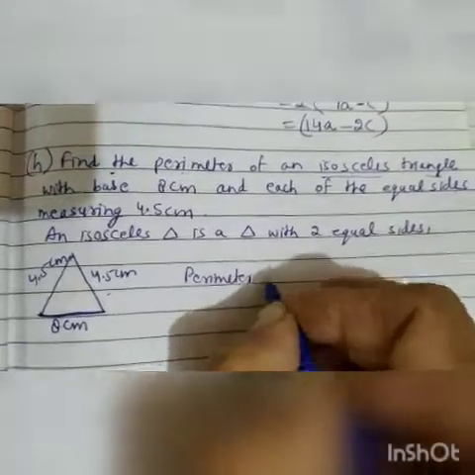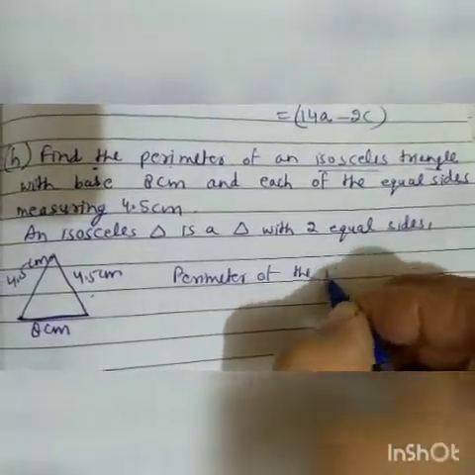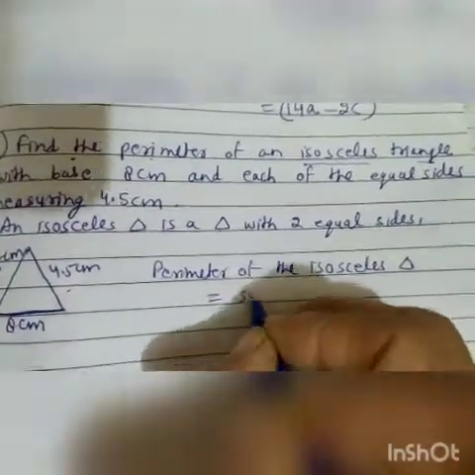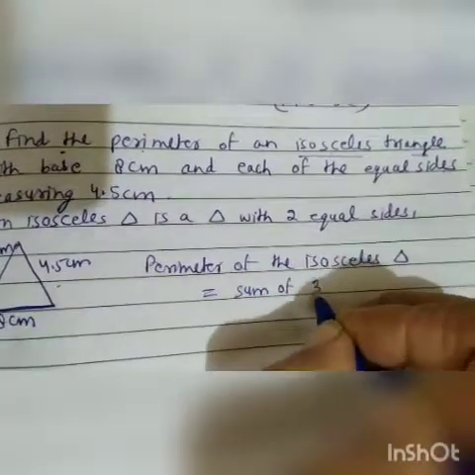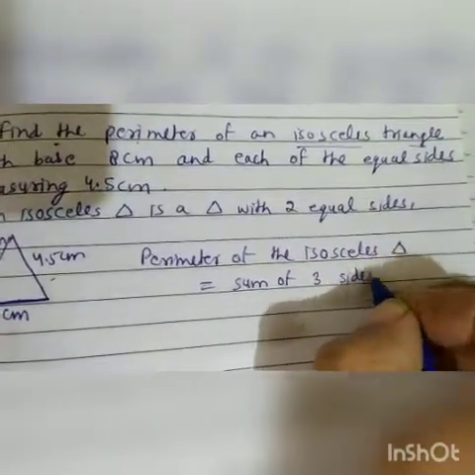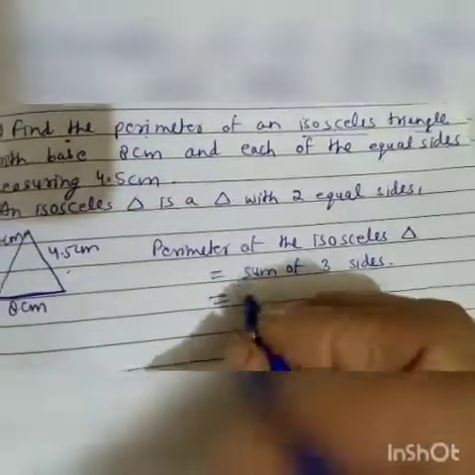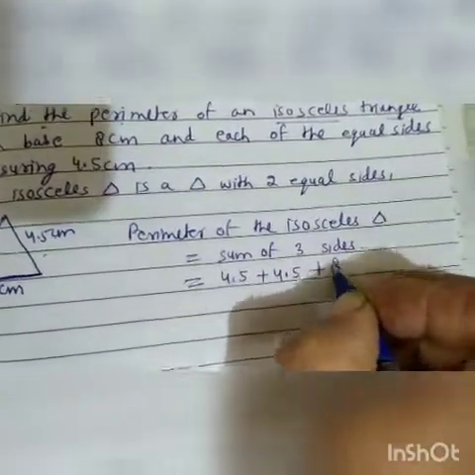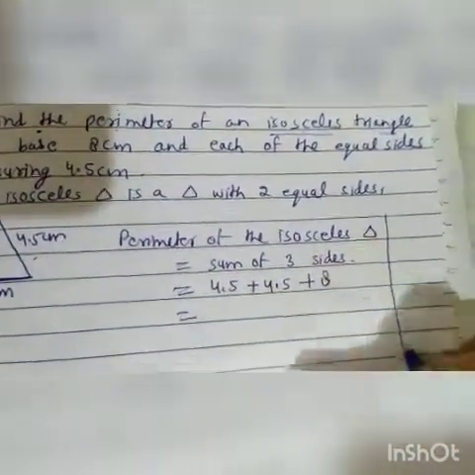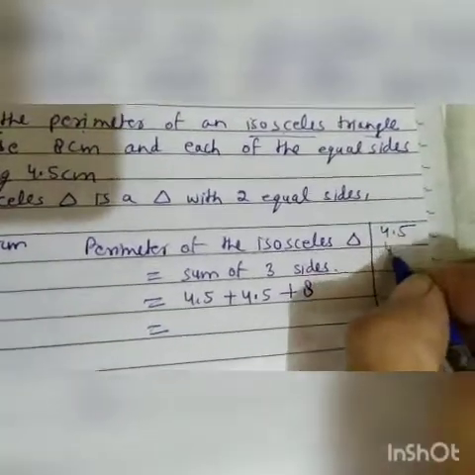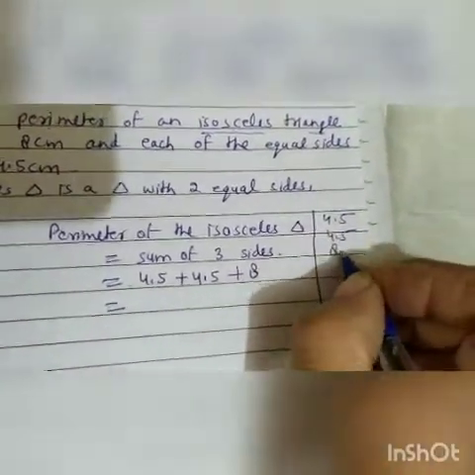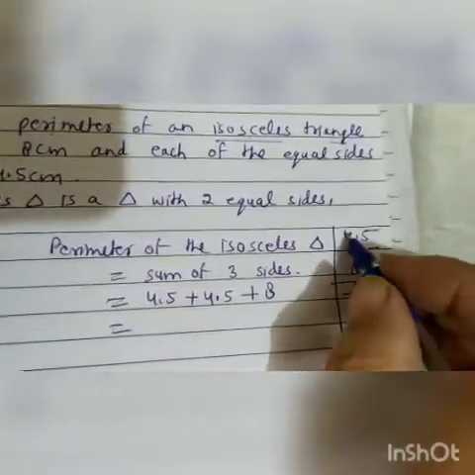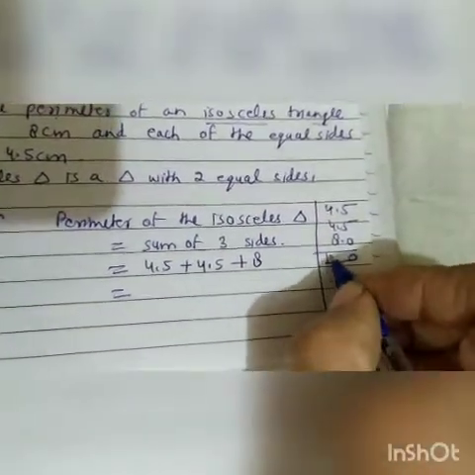Perimeter of the isosceles triangle is equal to the sum of the three sides. First side is 4.5 centimeter, second side is 4.5 centimeter plus 8 centimeter. How will we add it? See, we will write it like this: 4.5 and this 8 will be written as 8.0. 5 plus 5 is 10, carry 1, then 1 and 4 is 5, 5 and 4 is 9, and 8 is 17.